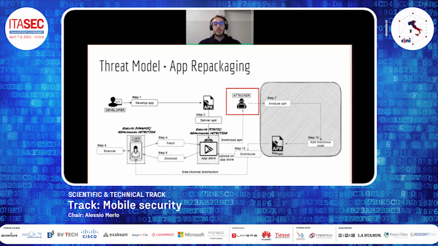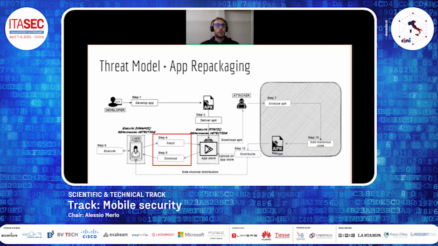The APK file contains all the necessary information for the first run on a device. So an attacker can analyze the application and inject some malicious payload or modify the application behavior. Then he can pack it into a new APK file and upload it to one or more app stores.